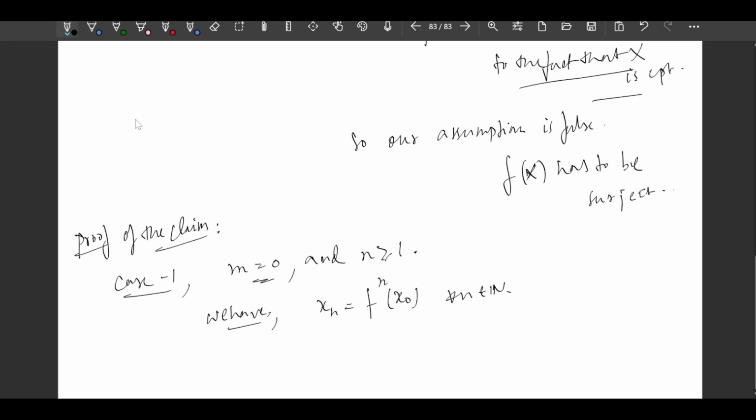Okay, now from here we can write xn equals f of f to the power n minus 1 of x naught, right? We can write it like this.